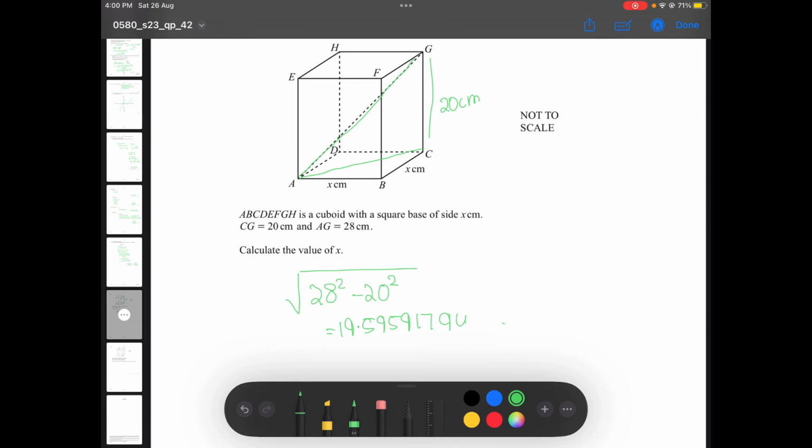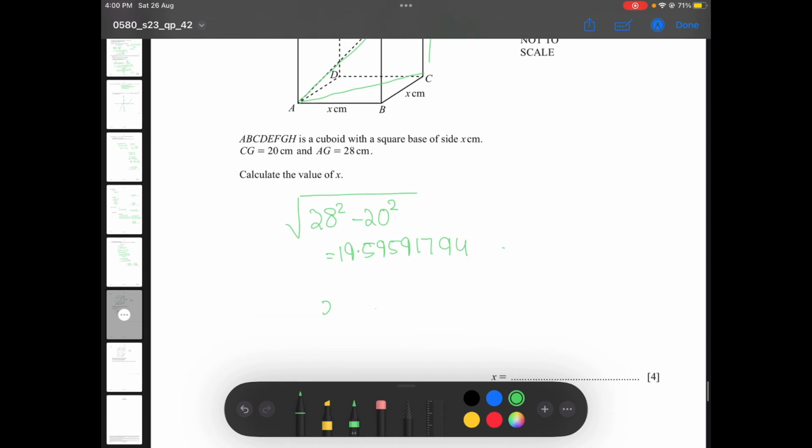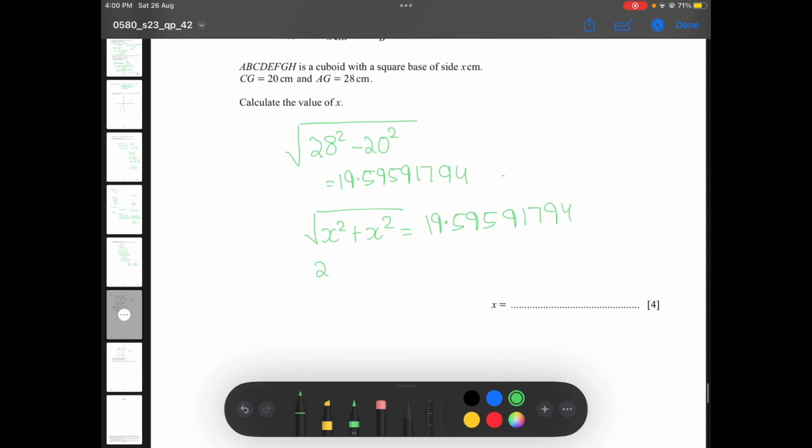19.59591794. Now that is the value of the square root of x squared plus x squared, which equals 19.59591794. So 2x squared is equal to, we have to square this value.